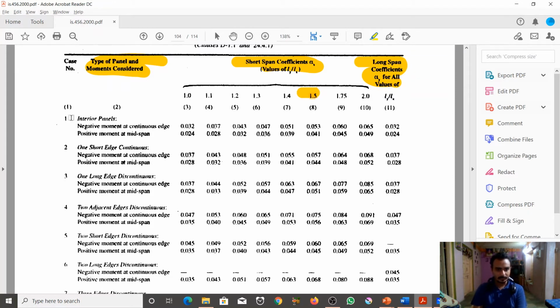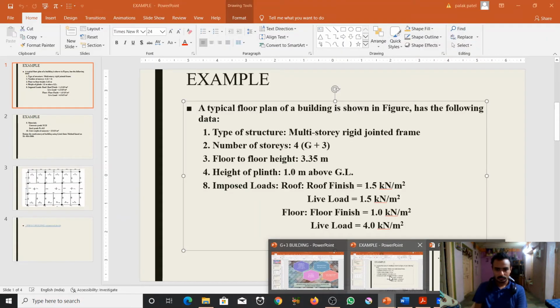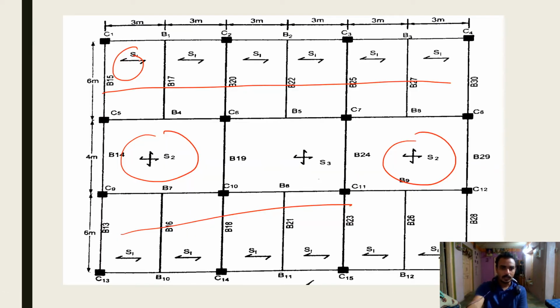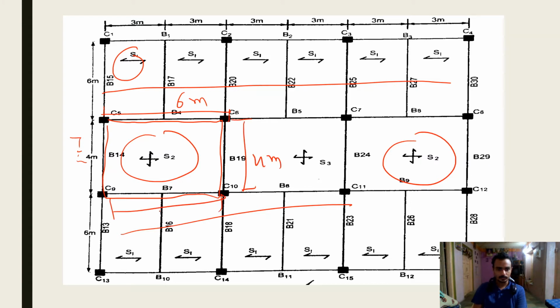First is interior panel. Then one short edge discontinuous, one long edge discontinuous, two adjacent edges discontinuous, two short edges discontinuous. So first let's check the condition of S2. Here are four sides: it's 4 meter, 6 meter, here also 4 meter, and 6 meter.